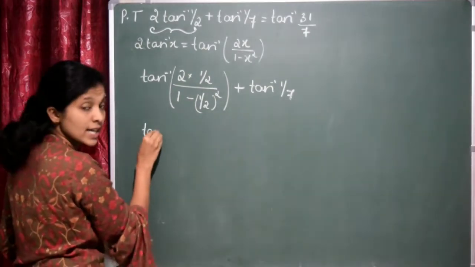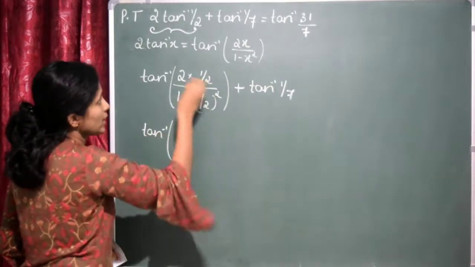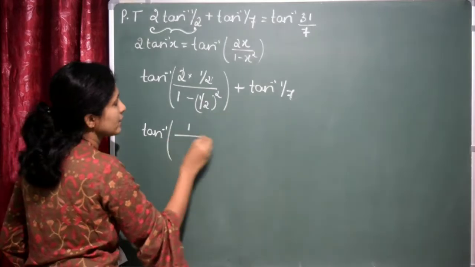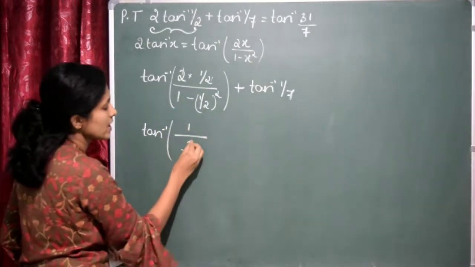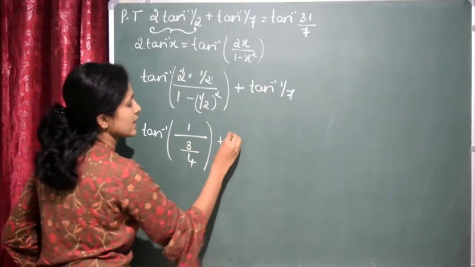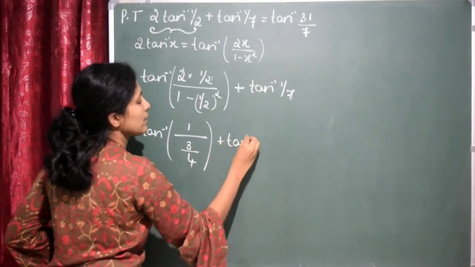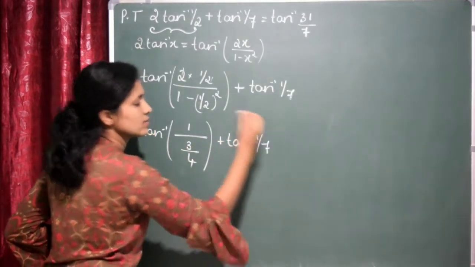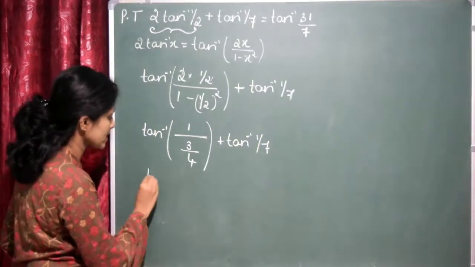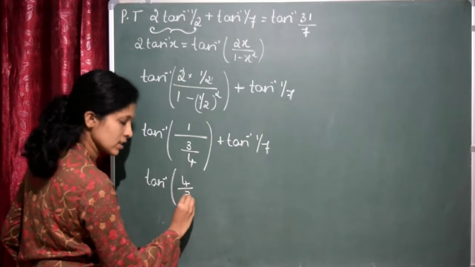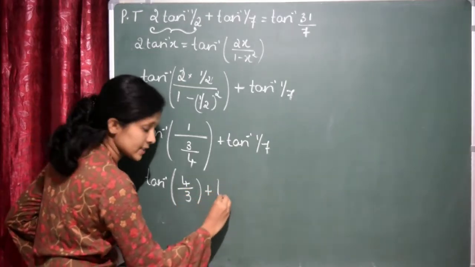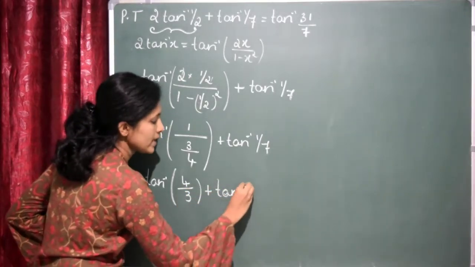This can be written as tan inverse of 2 and 2 will get cancelled. 1 divided by LCM will be 4. Here it is 4 minus 1 is 3, plus tan inverse of 1 by 7. Now this can be written as tan inverse of 4 by 3 plus tan inverse of 1 by 7.